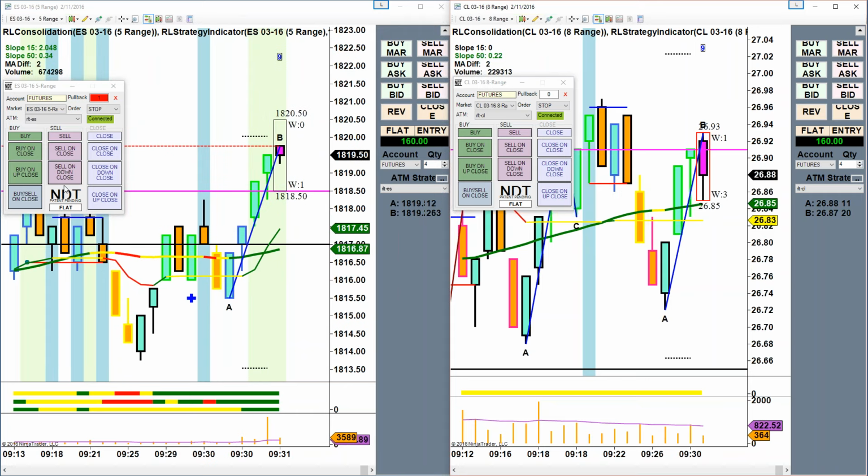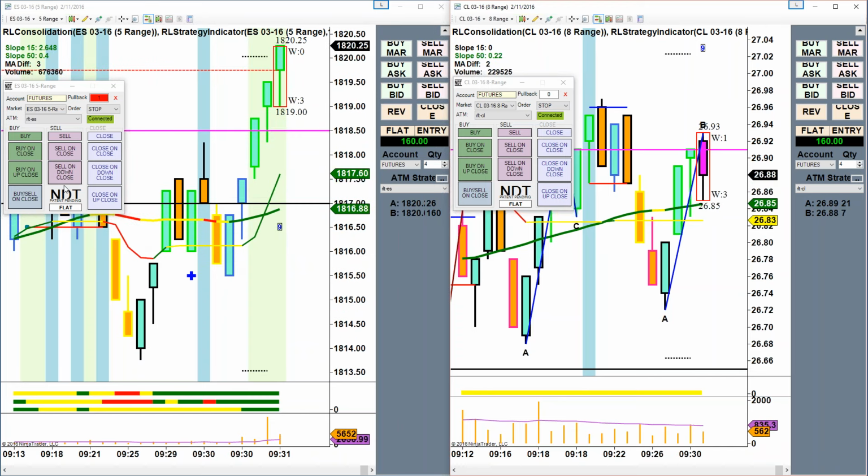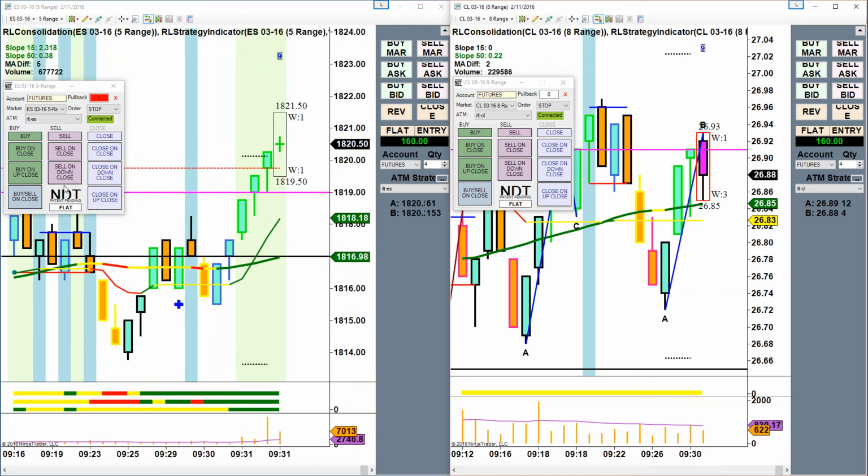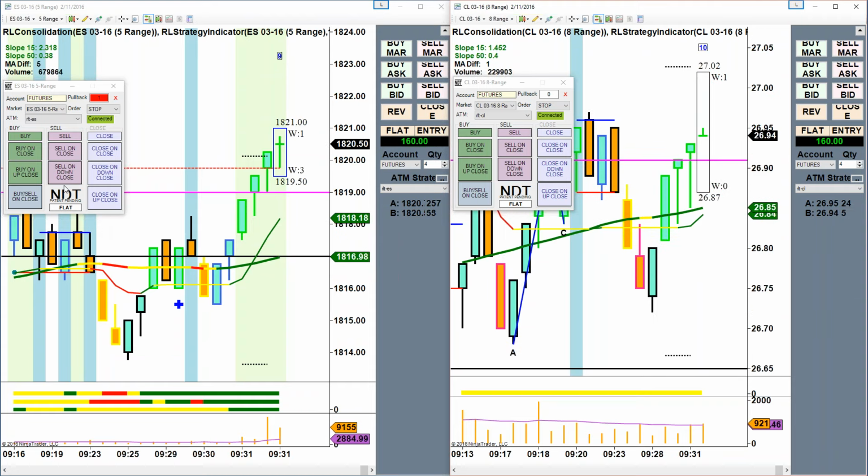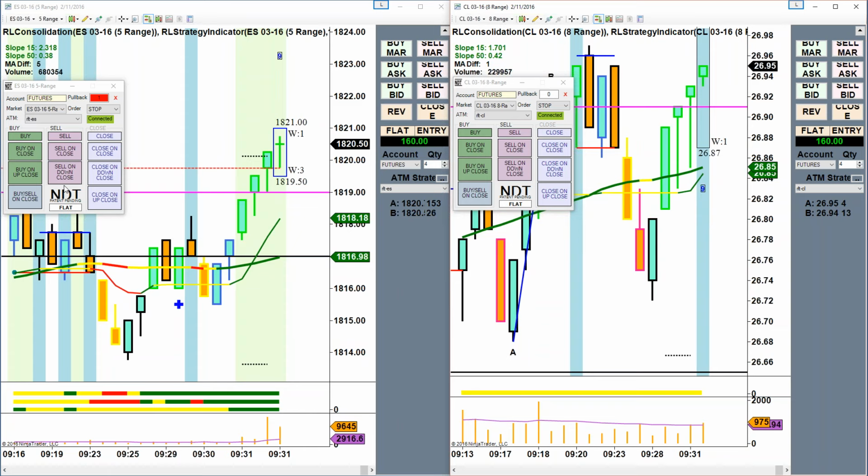Or let's see if we get a pullback to the value area high on the E-mini. We need a pullback.